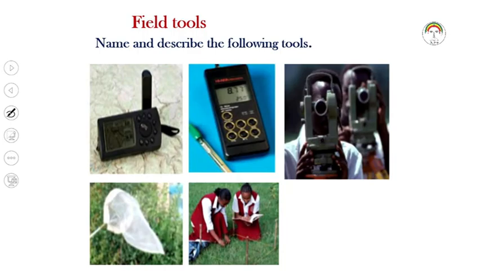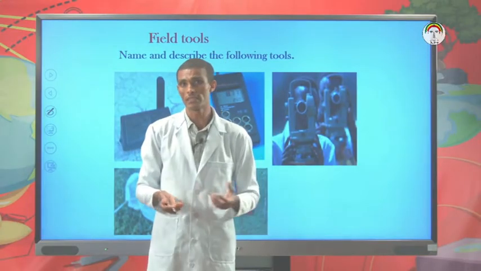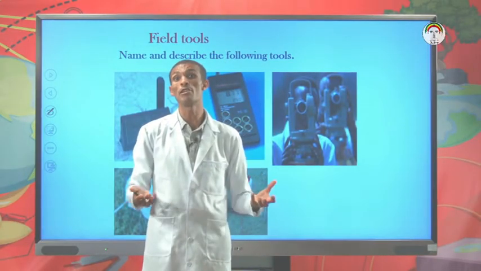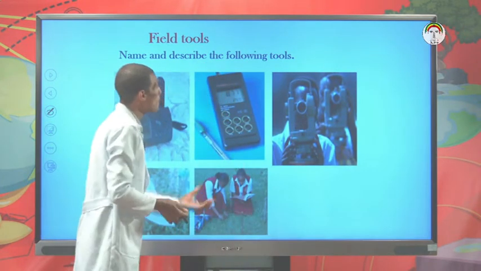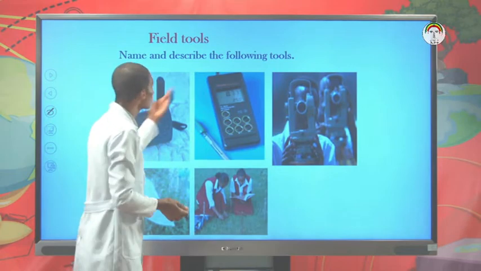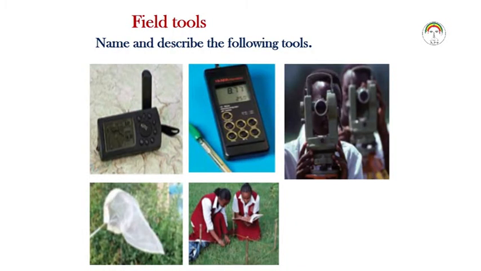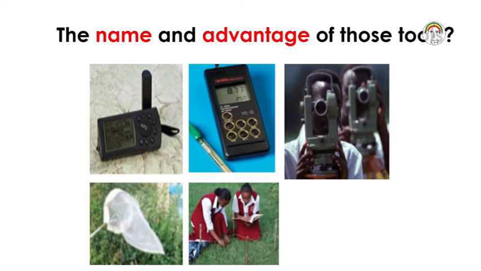To collect data from the field, biologists can use field tools too. For example, these are some of the tools that biologists use in the field. Do you know the name and the advantage of this tool, student?